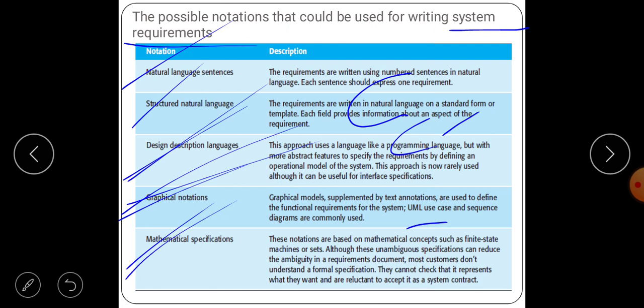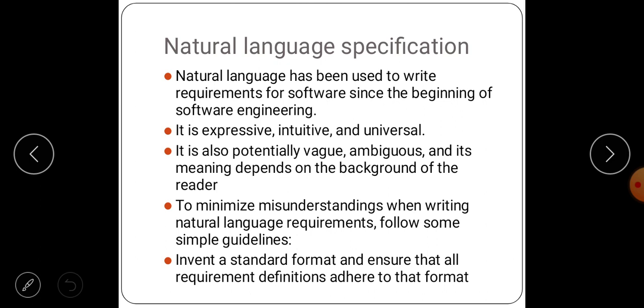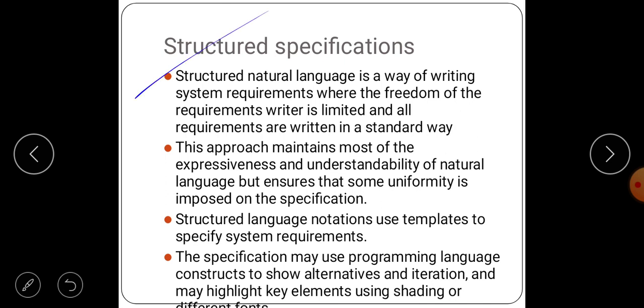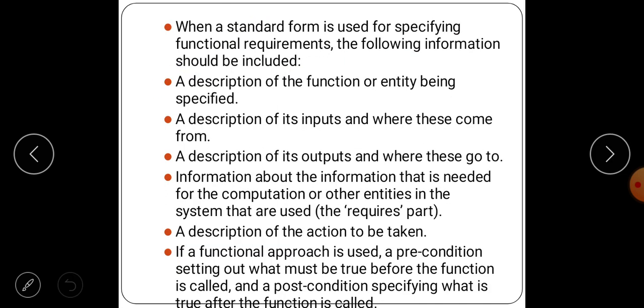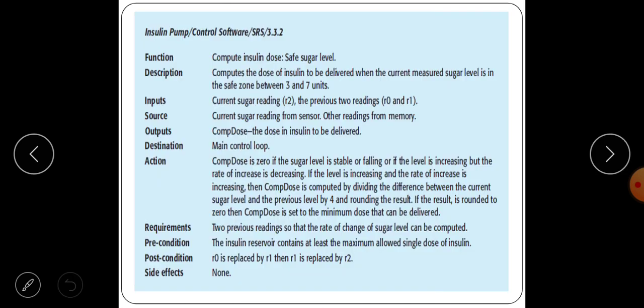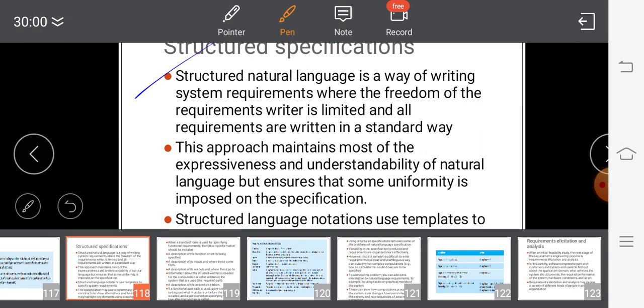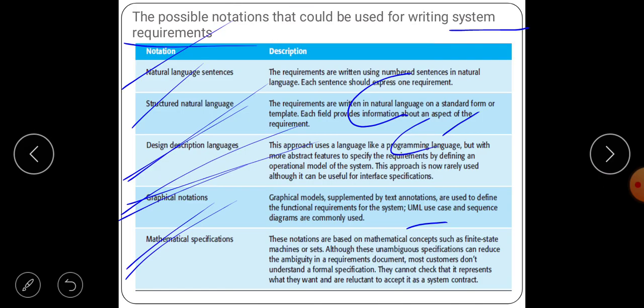In the next video we are going to discuss in detail natural language specification and structured specification. Okay, we are going to discuss in detail natural language sentences and structured natural language in the next video.